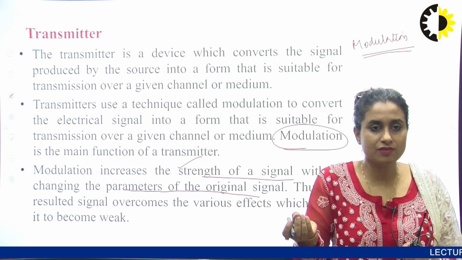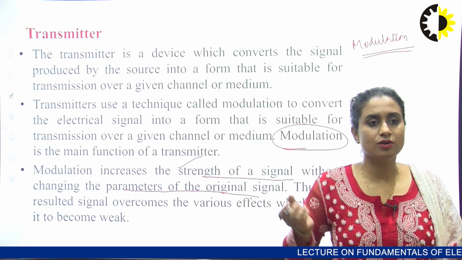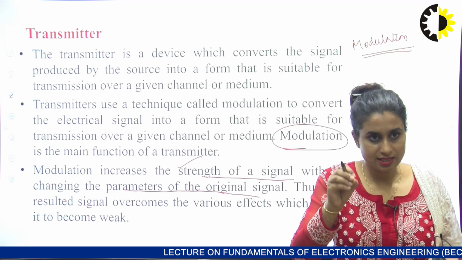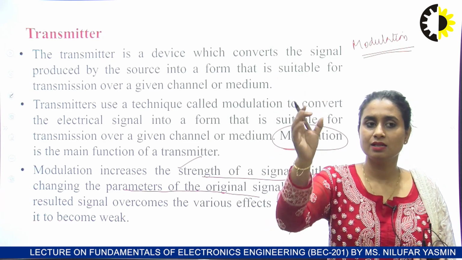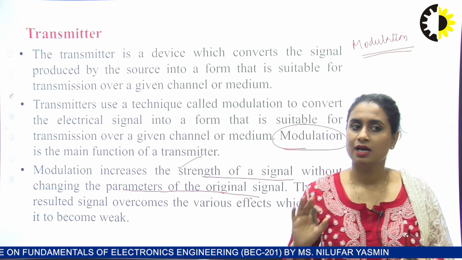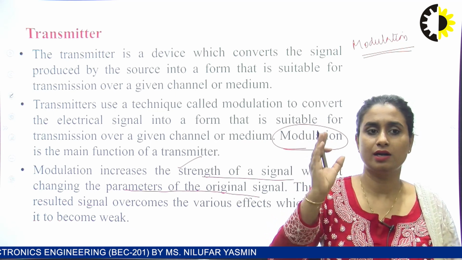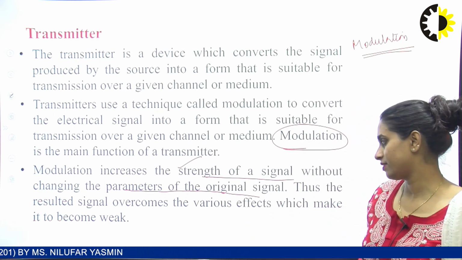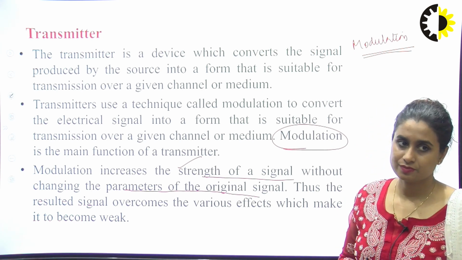If I change it, I lose the main content of the message. So, I don't do an actual physical alteration in the message signal. Somehow, I make it propagate through a high frequency signal through radio waves, and it reaches the other point which could be geographically too far. Thus, the resulting signal overcomes the various effects which make it become weak, right?